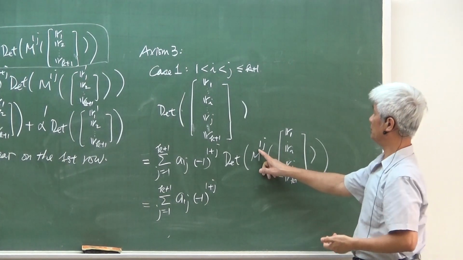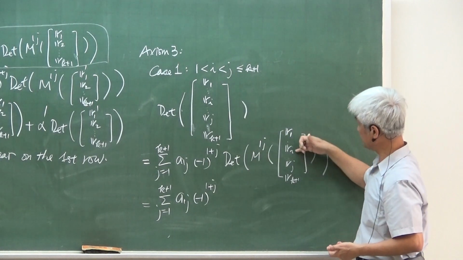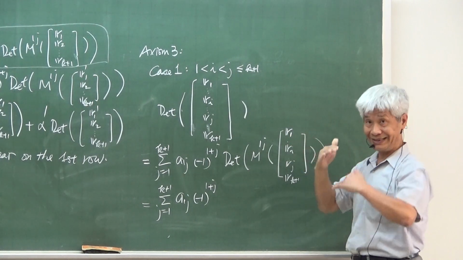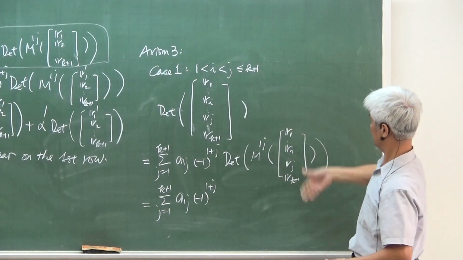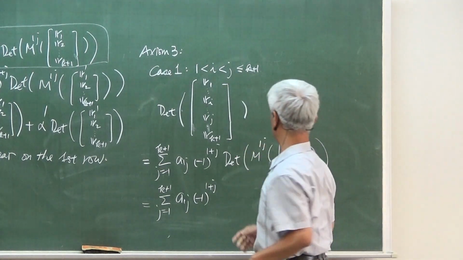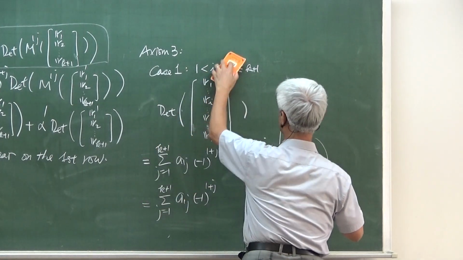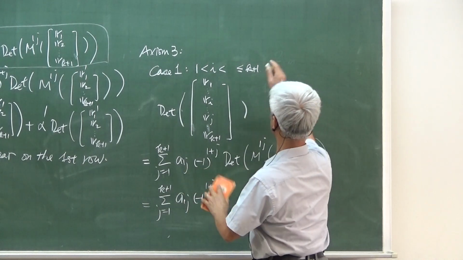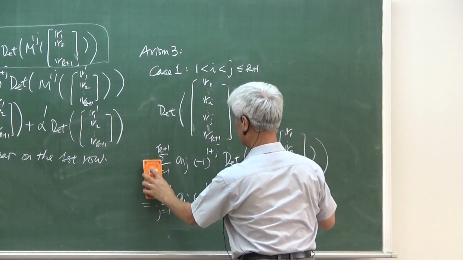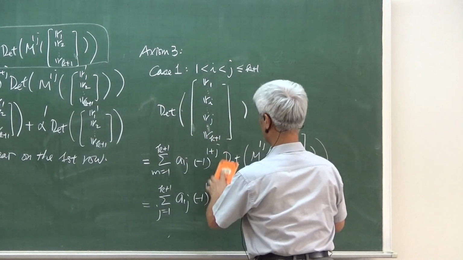Because minor 1j means that the first row is being eliminated, but the i-th and the j-th rows are still there, except the column. Oh, sorry, I shouldn't use j because j has been used. I'll just change to n. Okay. Sorry.